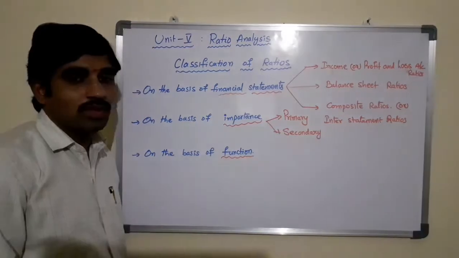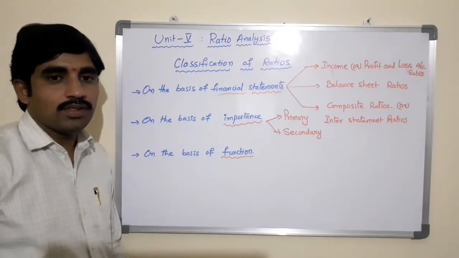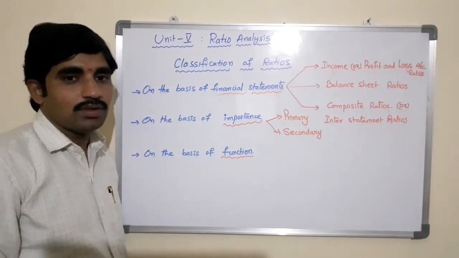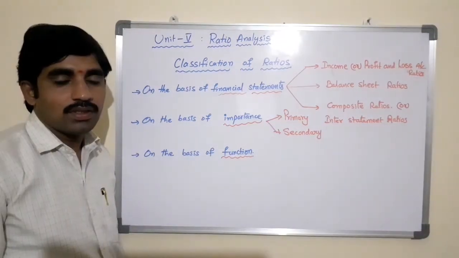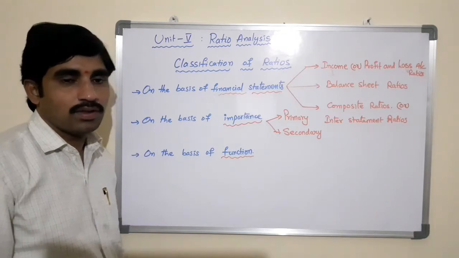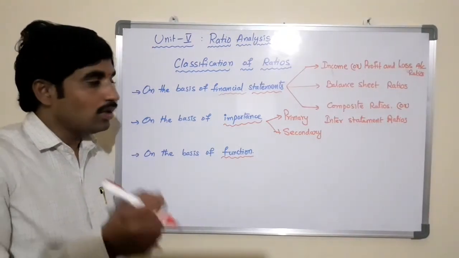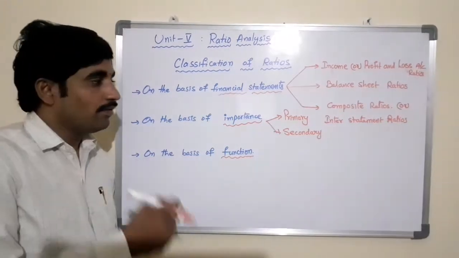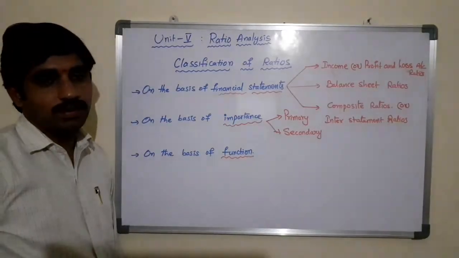These secondary ratios are used to explain the primary ratios. For example, solvency ratios are very important in order to know the efficiency of the business. Profitability ratios are very important in order to know the profitability position of the business. Such ratios are very important for taking commercial decisions in the business.